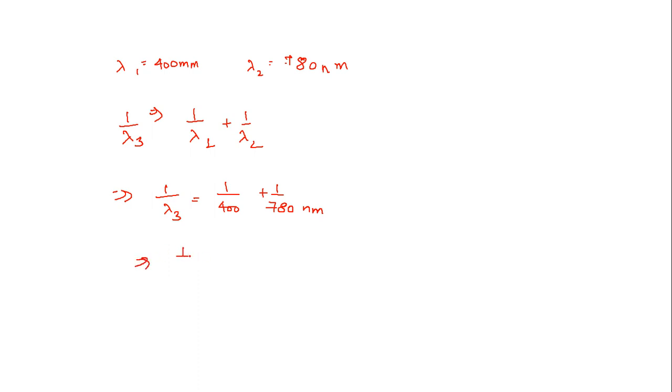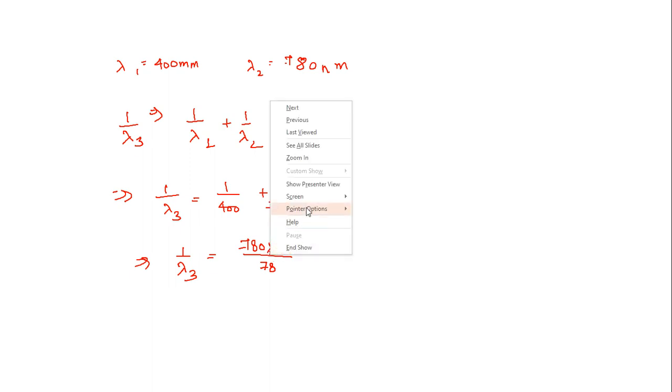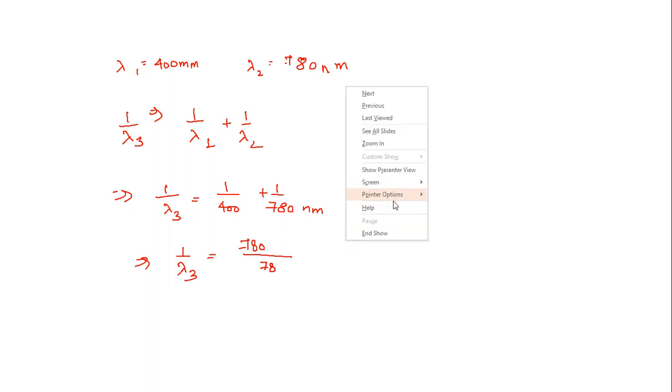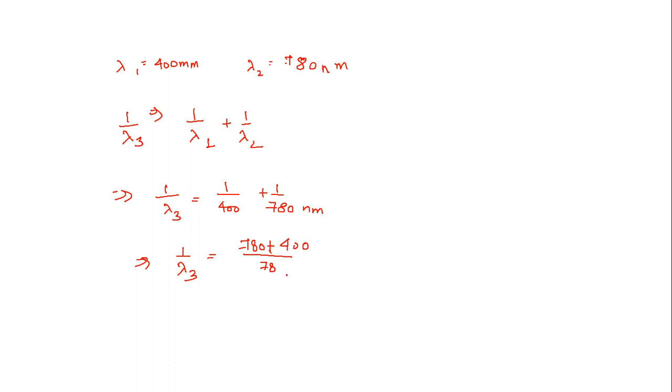Okay, now again we'll do the same maths. 1 upon lambda 3 is equal to 780 plus 400 upon 780 into 400. Sorry, the earlier one was wrong actually. Now this is correct.